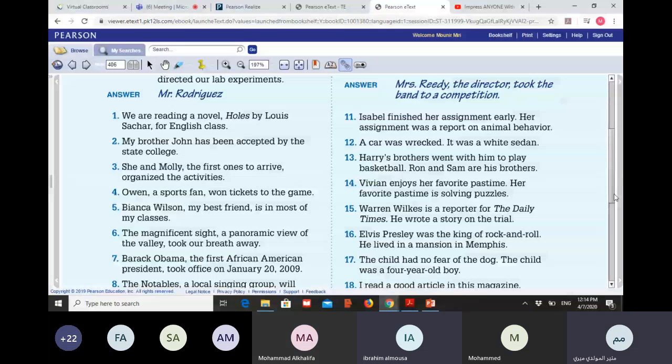Holes by Lucas Sachar. So here, this appositive, what does it modify? What does it identify in the sentence? The novel. Excellent. Next, please. Ibrahim Al-Musa, number 2. My brother John has been accepted by the state college.